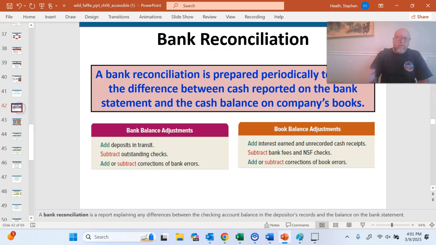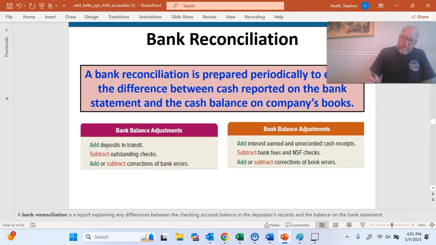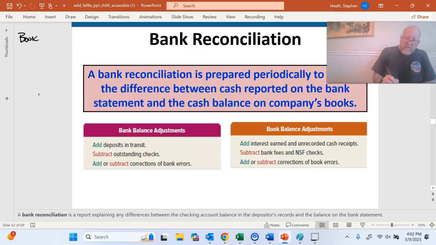So I want to get to this is the slide that I really wanted to focus on. Okay. So when I am doing a bank reconciliation and I start with the books and records, and books and records meaning the cash T account, right?